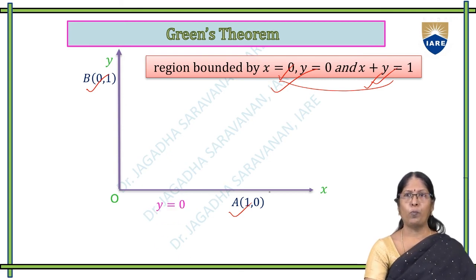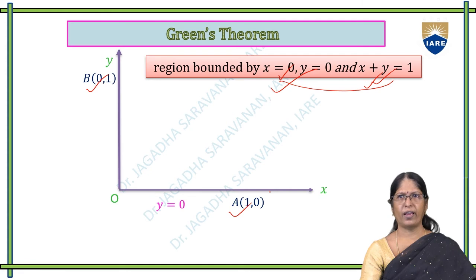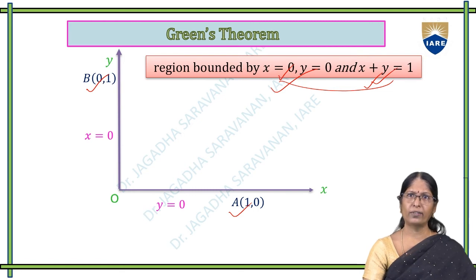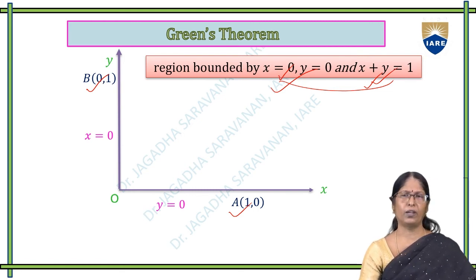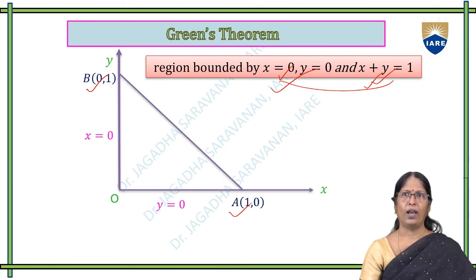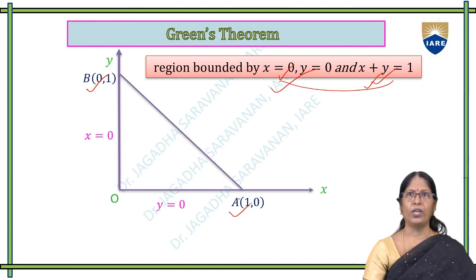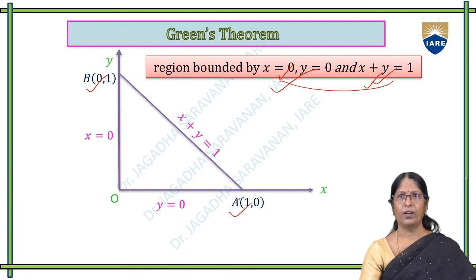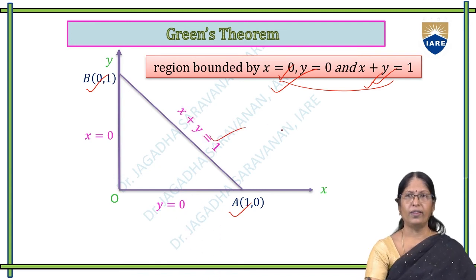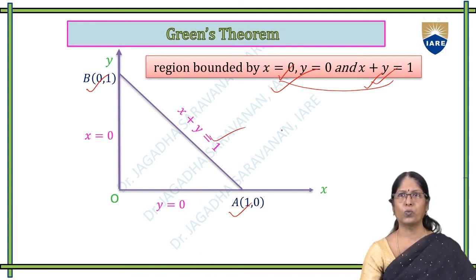So if a point lies on the x-axis, it is understood that y equal to 0. If a point lies on the y-axis, x equal to 0. That is the mathematical law. And both A and B we joined. Now this line is nothing but x plus y equal to 1.